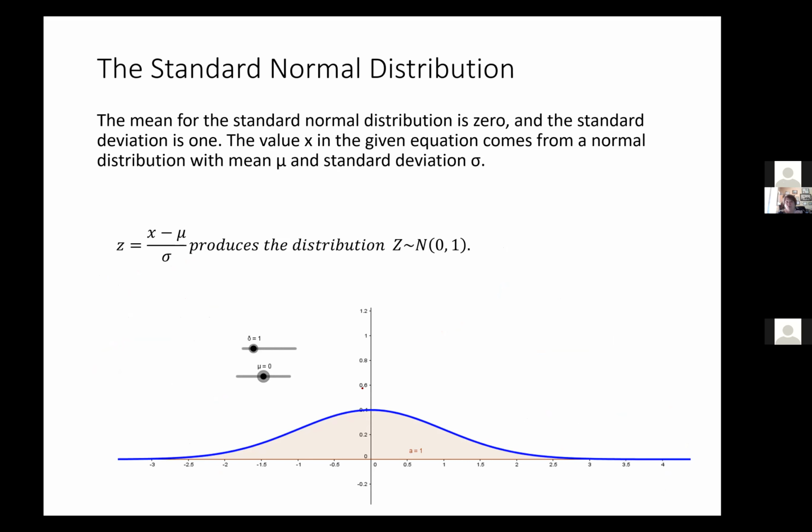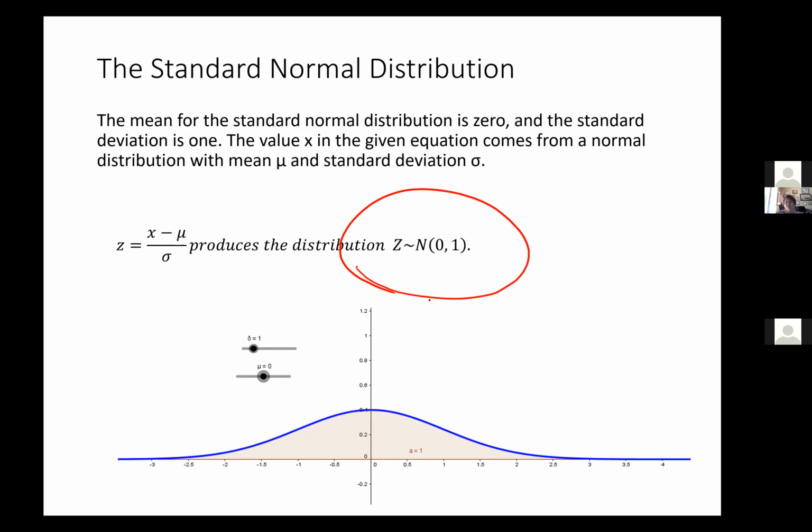The standard normal distribution is a normal distribution whose mean is 0 and whose standard deviation is 1. The way we represent that is we use a capital Z for our random variable. Z represents that this is the standard normal distribution.